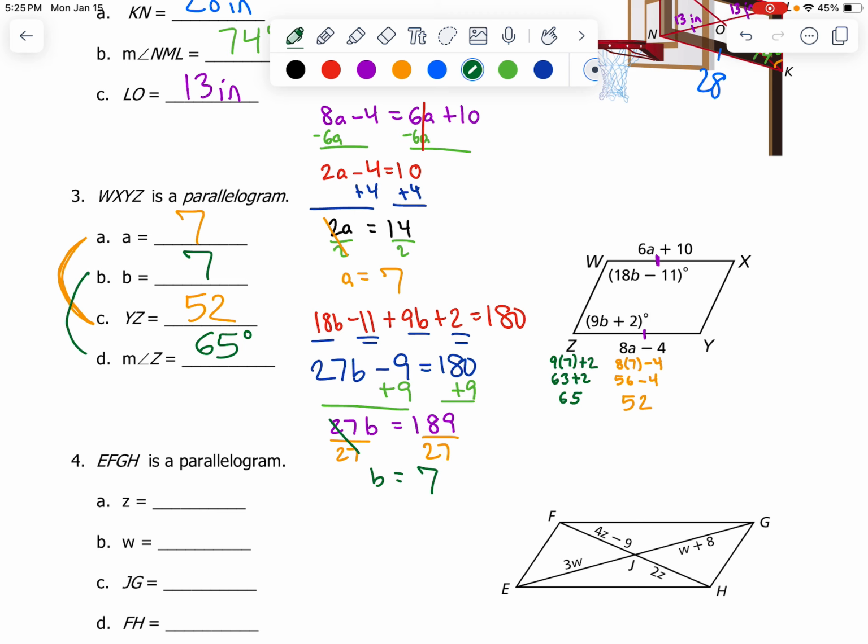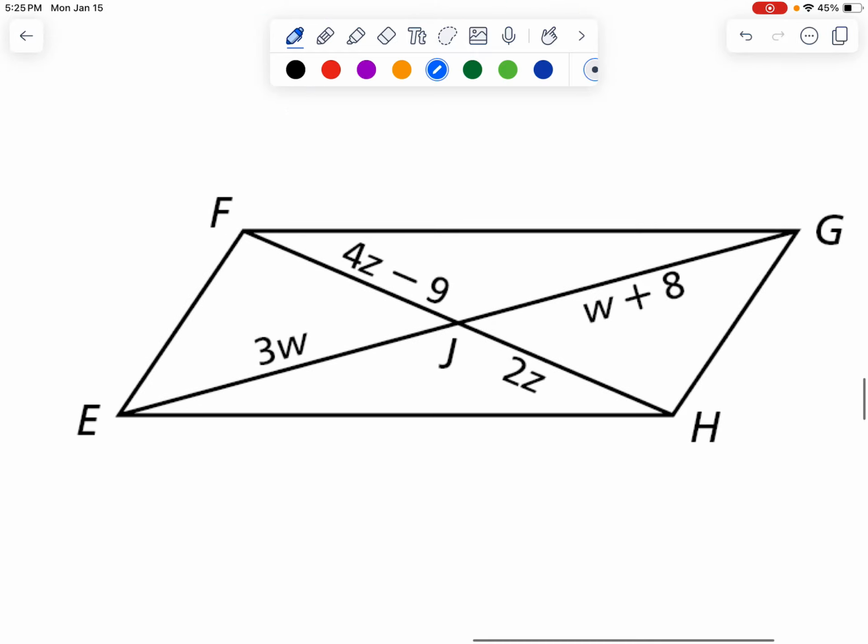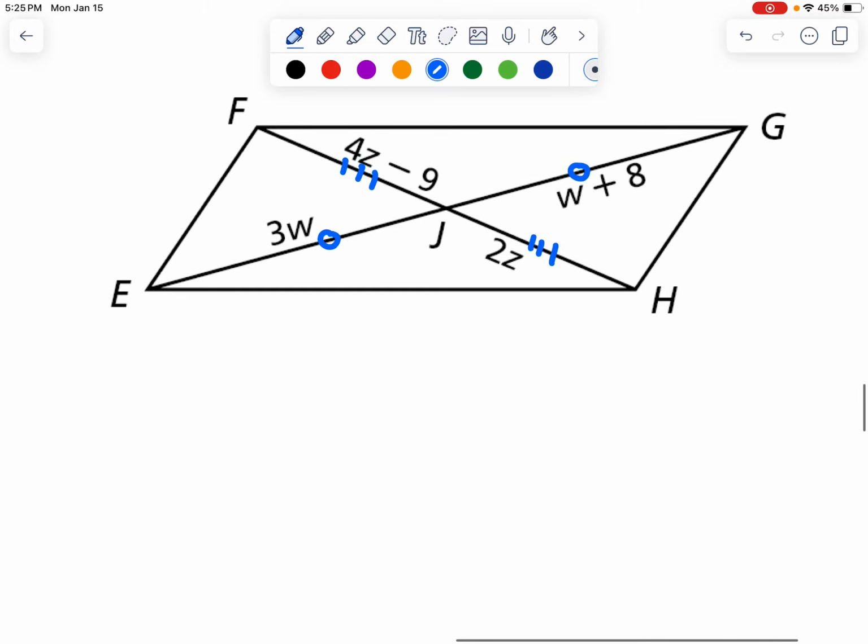Okay. One more algebra question. And this one is dealing with those diagonals. Here, I'm going to use the same tick marks that we used on the shape earlier in the notes that had all the tick marks. So maybe I can just write right below the picture here.